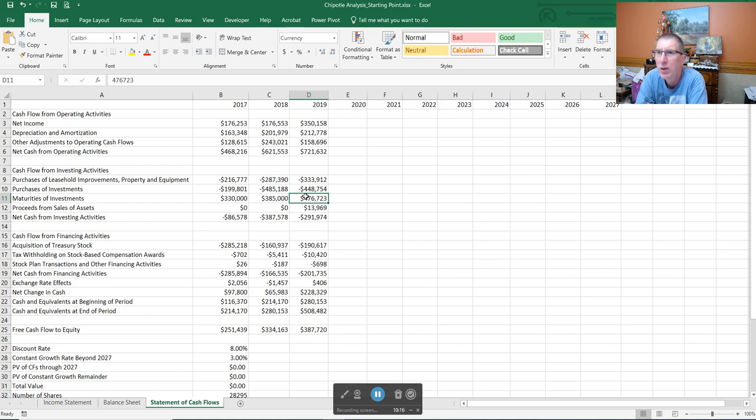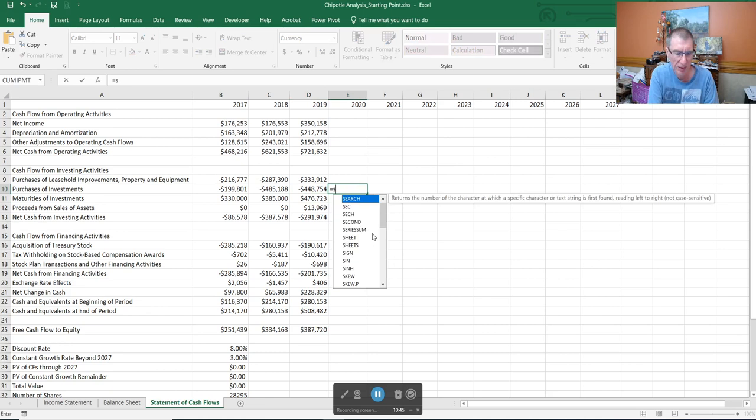And so when we look at our free cash flows and we get into the modeling, the cash flows are going to ignore these purchases of investments and maturities of investments. Instead, we're going to just leave those as zero because Chipotle is going to spend money purchasing new investments, but they're also going to have a lot of investments mature. And so our assumption is that those are going to kind of balance out over time.